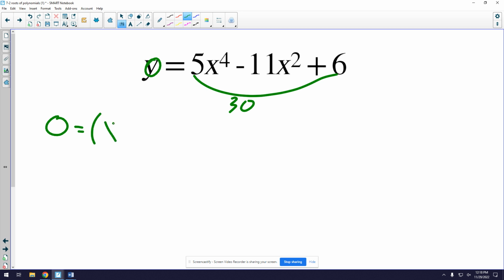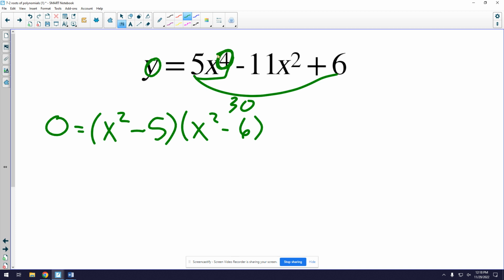So that gives you x squared minus 5, x squared minus 6. X squared because I had an x to the 4th. I split that in half, I get the square. And two minus signs because I said minus 5 and minus 6, my two numbers that multiply to be positive 30 and add to be negative 11.